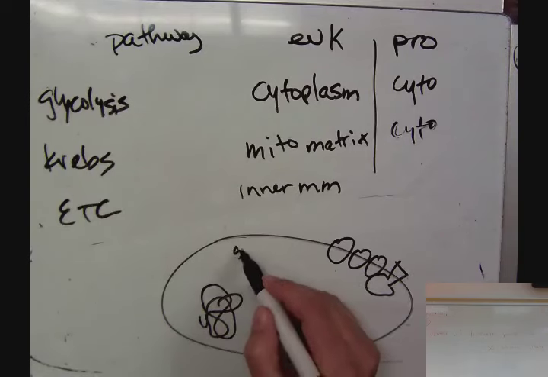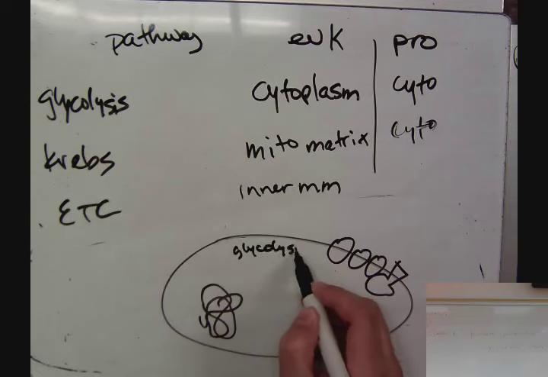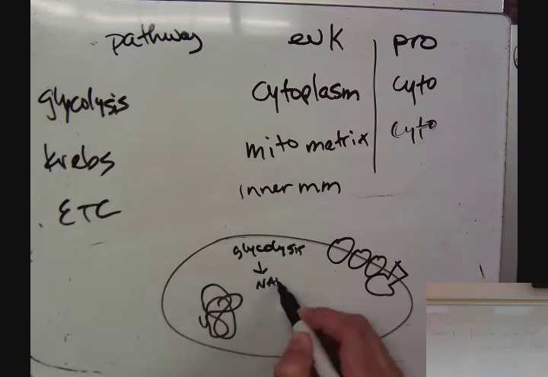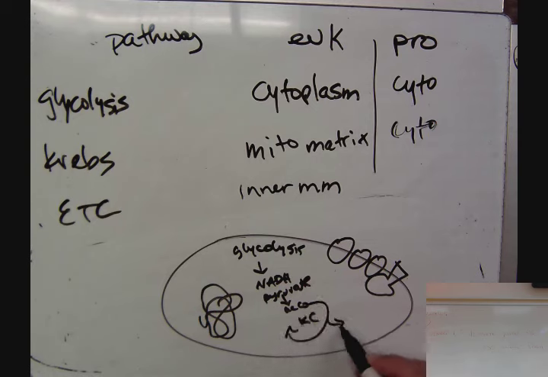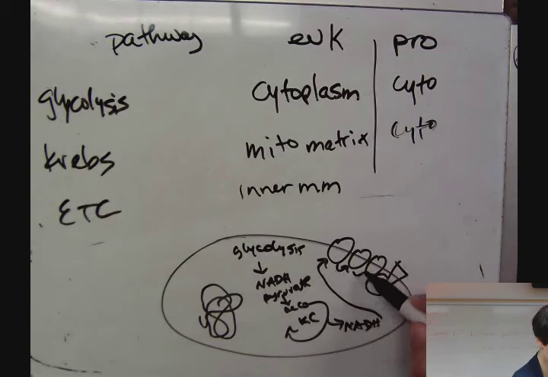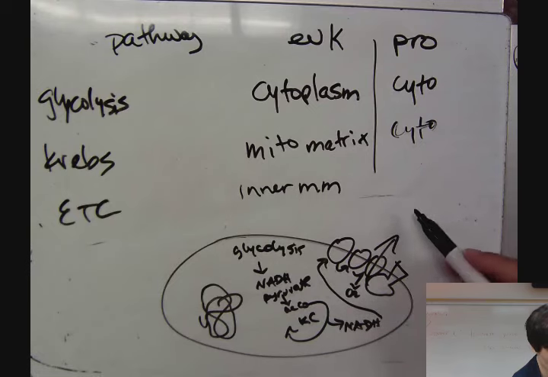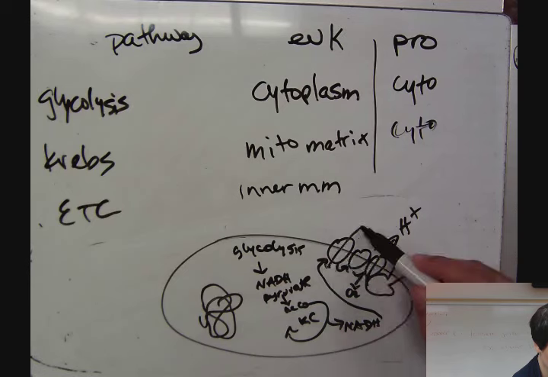So we've got glycolysis happening, producing some NADH and some pyruvate. In the cytoplasm, that gets turned into acetyl-CoA. That goes around the Krebs cycle. That produces more NADH. All of these NADHs go here, pass the electrons down, put them on oxygen, and pump some protons outside.